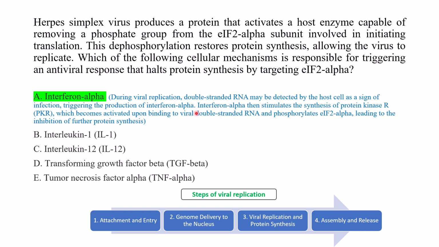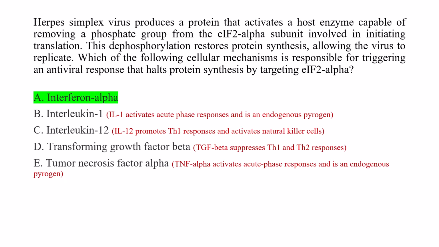Interferon alpha promotes the synthesis of protein kinase R, which is activated by viral double-stranded RNA and phosphorylates eukaryotic initiation factor 2 alpha and therefore inhibits further protein synthesis. All the other options are incorrect because they do not promote the production of protein kinase R, which would phosphorylate eukaryotic initiation factor 2 alpha.